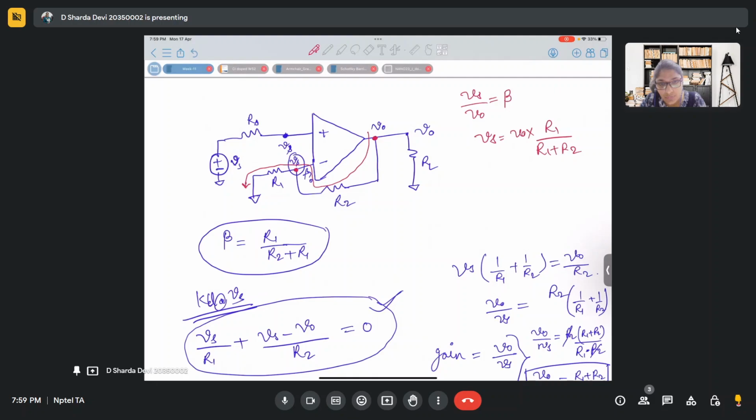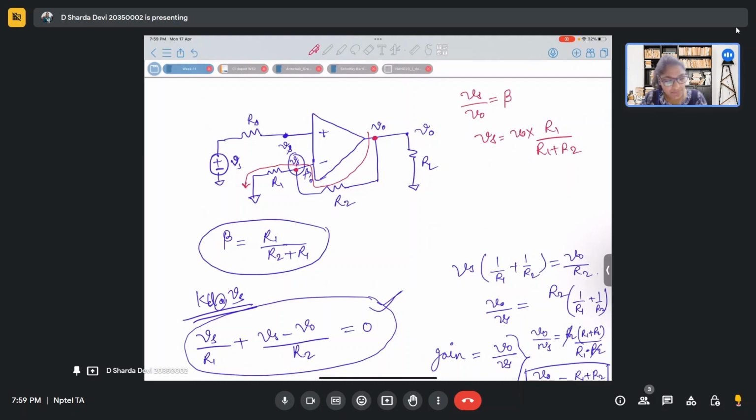right? Because see, if this is the voltage, this acts as a series voltage divider, and there is no current flowing into the op amp, right? So if there is no current flowing into the op amp, then the whole current will flow through R2, will flow through R1 also, and the voltage across R1 is Vs. So I'm writing Vs in terms of V naught.